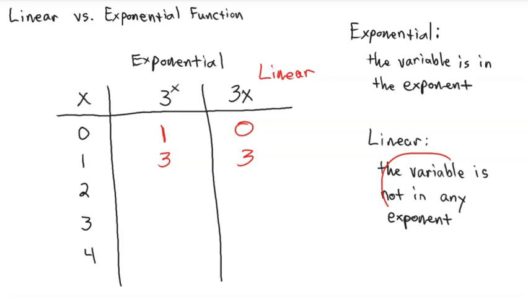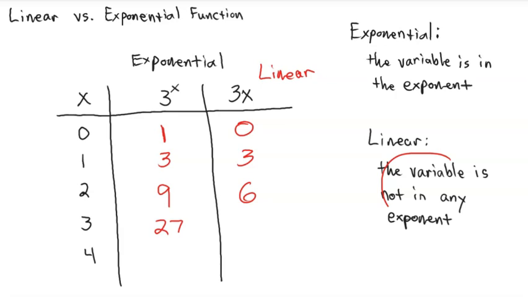Okay, but now it's going to get different again. Now let's plug in 2 for x. 3 to the second power, well, 3 squared is 9. But 3 times 2 equals 6. Now let's plug 3 in. 3 to the third power is 3 times 3 times 3, and 3 times 3 is 9, times another 3 is 27.